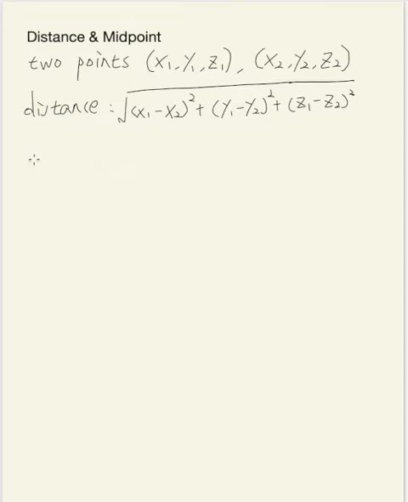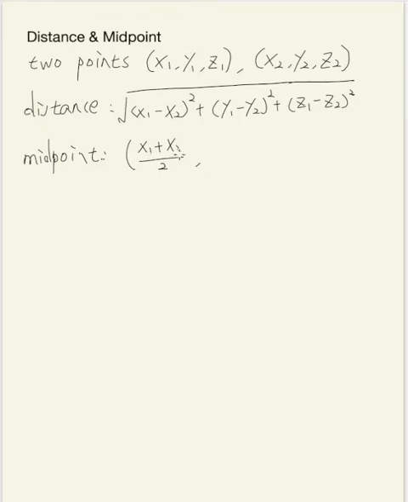And then the midpoint. Not midpoints, it's just midpoint, is given by (x1 plus x2) over 2.